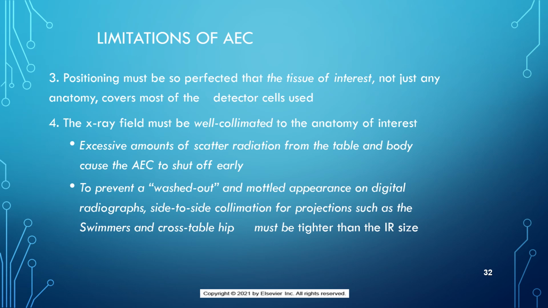With AEC techniques, positioning has got to be more exact than it will be for manual techniques. So with a digital detector, you've probably figured out by now you don't have to put the hand in the center of the DR plate. You can put it over in the corner of the DR plate and it works just fine.